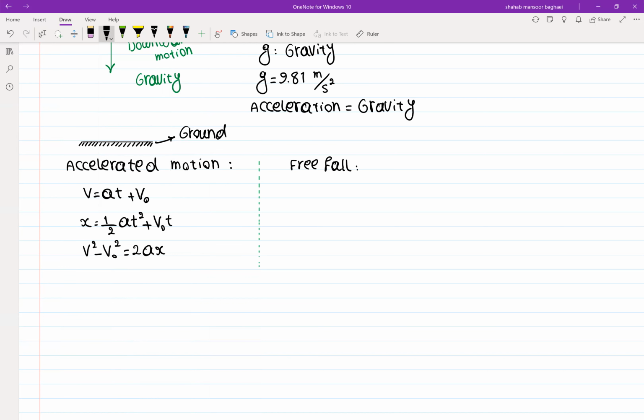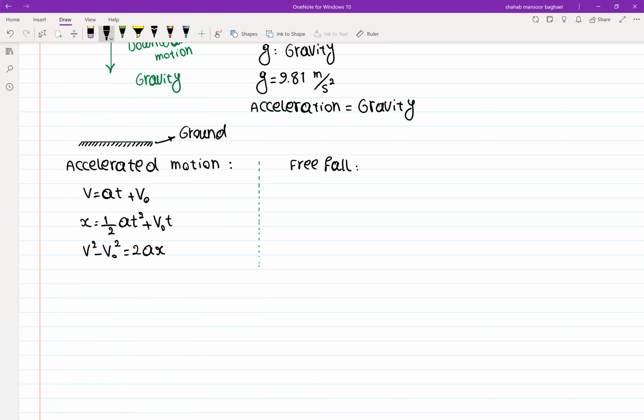Actually, both of them have accelerations. Therefore, free fall is a kind of accelerated motion. It means these equations are valid for free fall, but you need a little modifications. I'll show it to you.